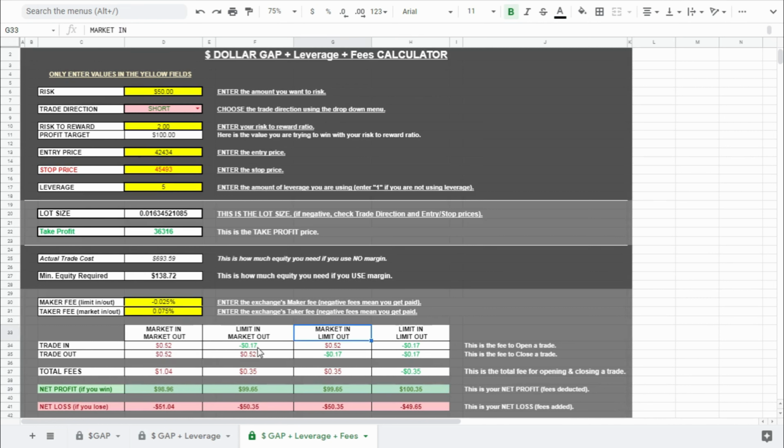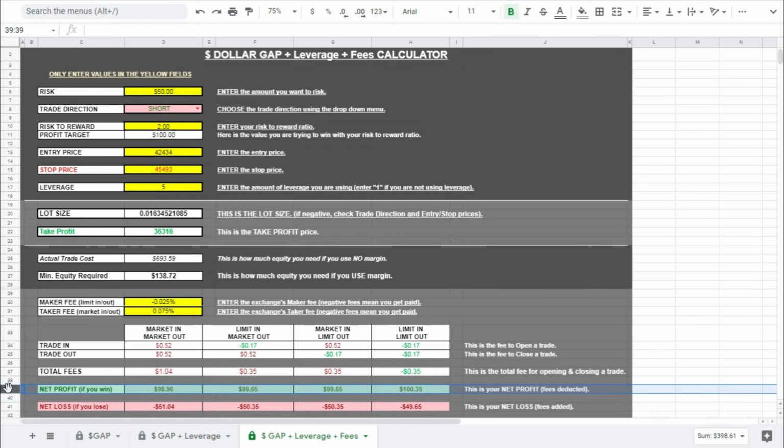These two are a mix of both, so whether you limit in and then market out, or whether you market in first and then limit out, it's just the flip of the fees. So that's the row to determine what your final profit will be.